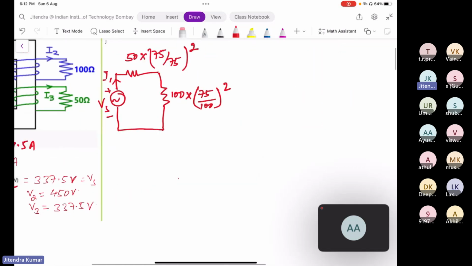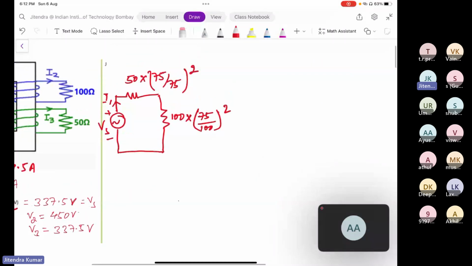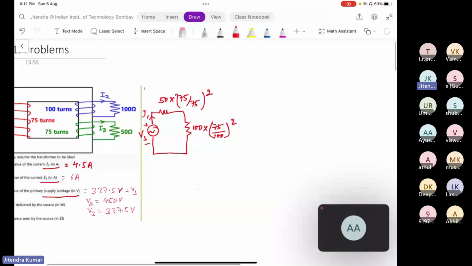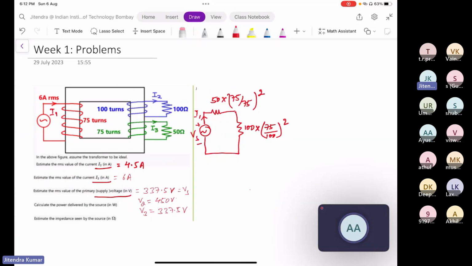Okay, so for those who are not able to find out the value, we will solve it step by step. So our first approach is to find I2. Here I1 is already given.